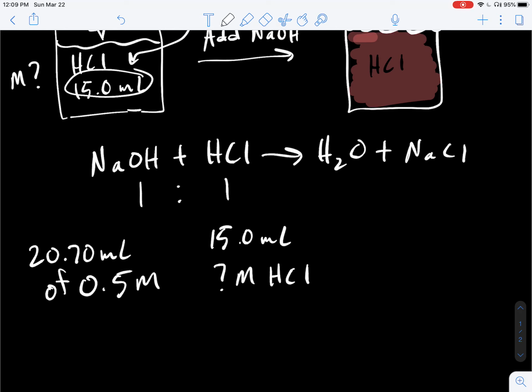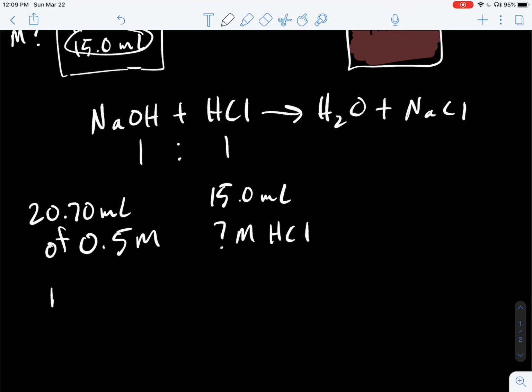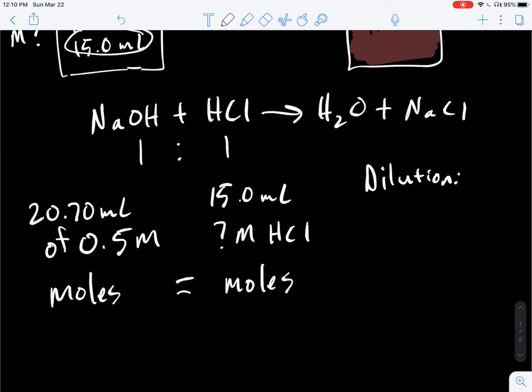So now we really just have to think these moles on the left equals these moles on the right. So we're really just missing one variable here, and there's a useful equation. It kind of looks like the dilution equation that we used. When you dilute a solution, the molarity times the volume on the left will always equal the molarity times volume on the right.